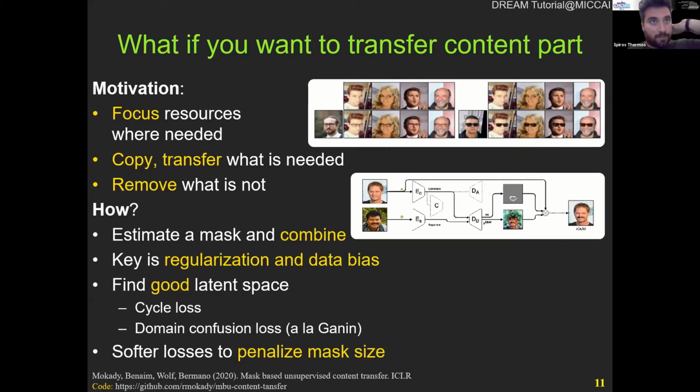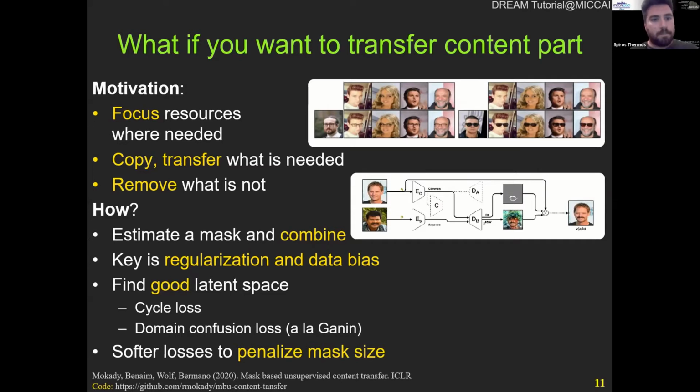Of course, they have heavy regularization here, and also there's the dataset bias that can be exploited, especially a dataset that contains only faces, and the face covers the majority of the pixels of the images.